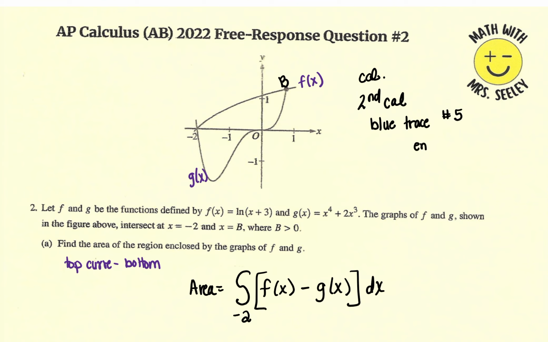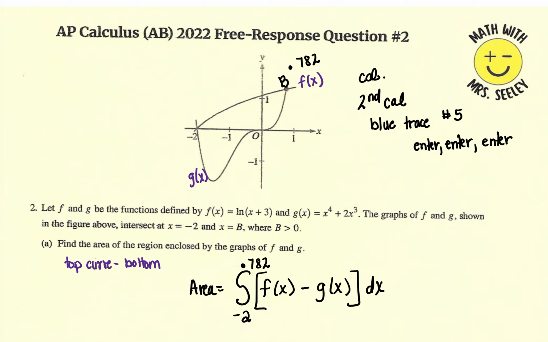And then you're going to hit enter to tag the first curve, enter to tag the second curve, and enter to get the solution. The place that those two curves intersect is the point 0.782, and I need that to get my top limit of integration.